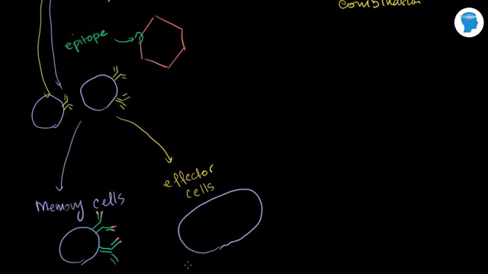They're going to turn into antibody factories. And the antibodies they're going to produce are exactly this combination that they originally had membrane bound. So they're going to start spitting out these antibodies.